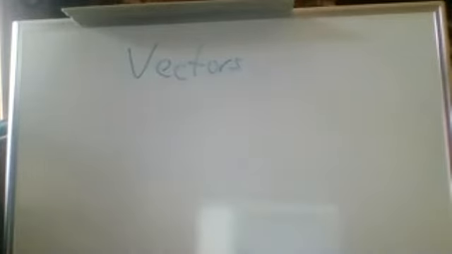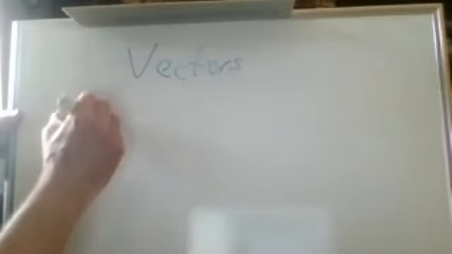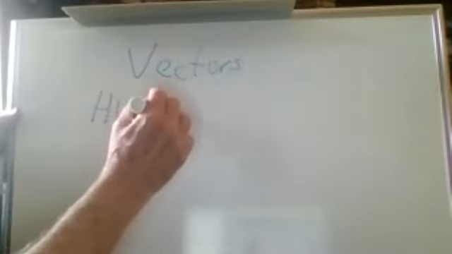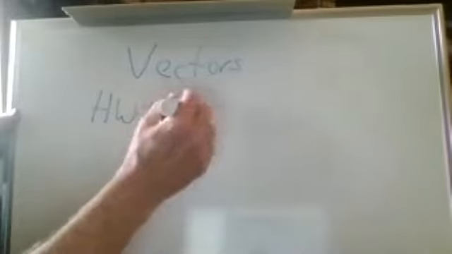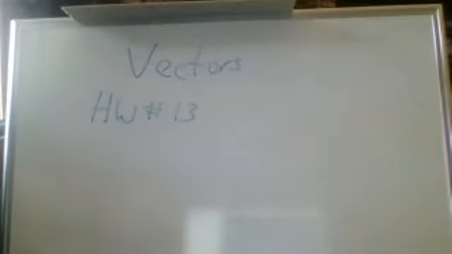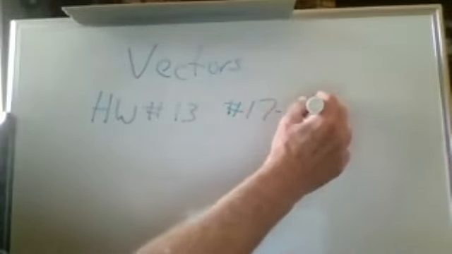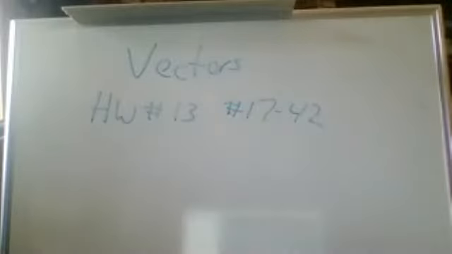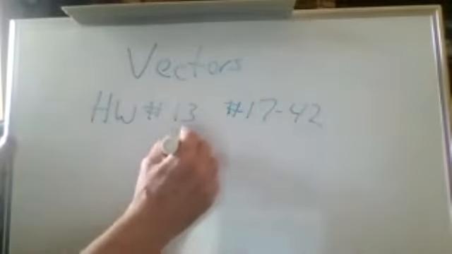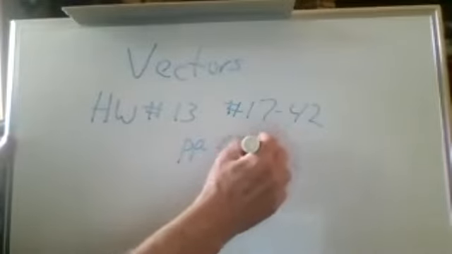All right, let's stop there for the moment and go to the assignment. This is homework number 13, I believe. Homework number 13, and it's numbers 17 through 42 on pages 677-678.